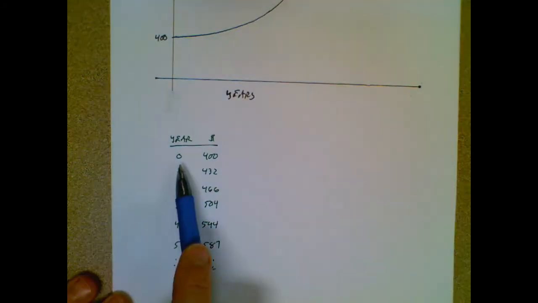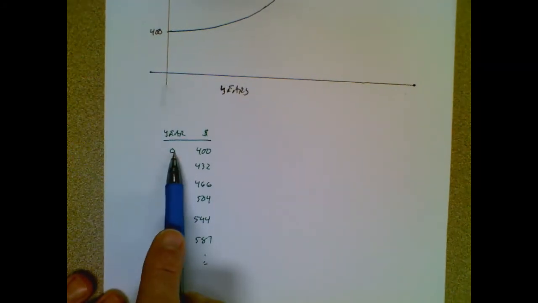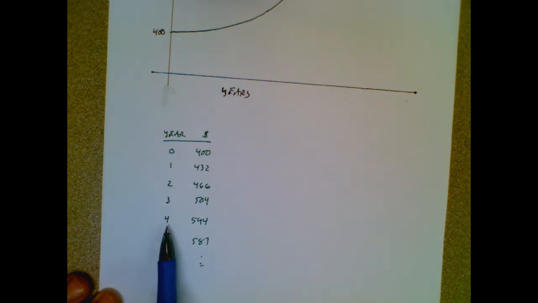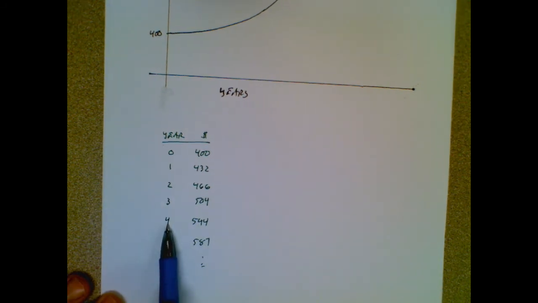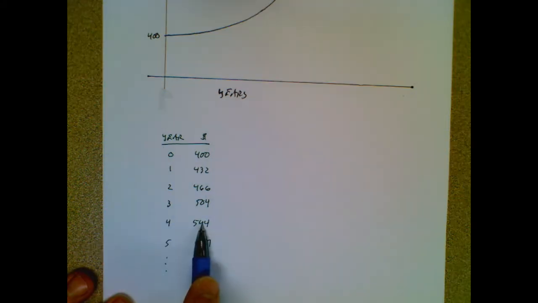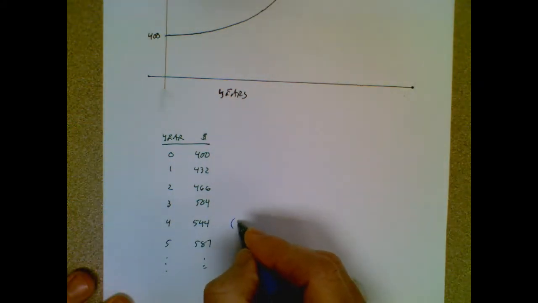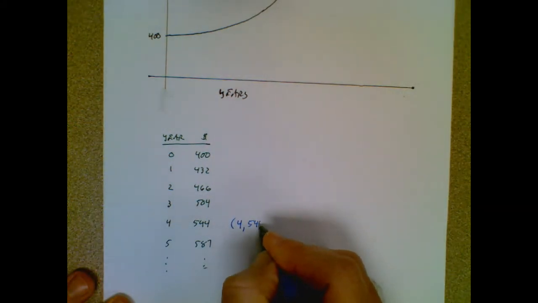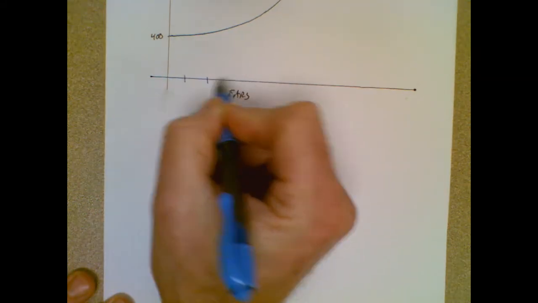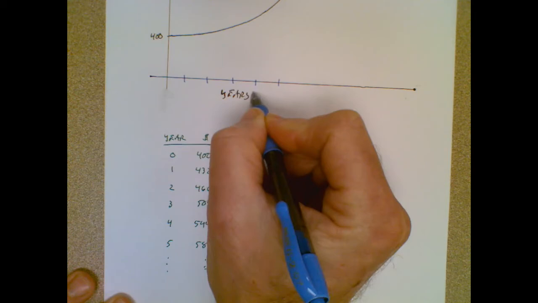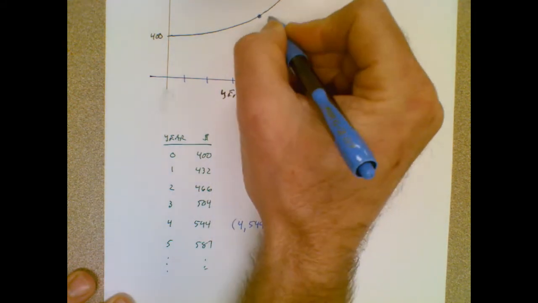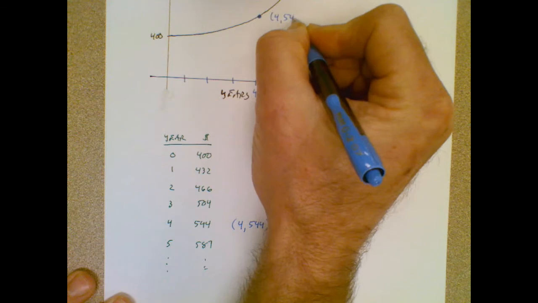And if you wanted to know the exact path, then you would go ahead and fill out a table. You'd plug in a 0 to your equation, get out a 400. You'd plug in any value. So for example, if I plugged in a 4 into my equation, I should get out a value of 544, which I can think of as the ordered pair 4, 544, which would mean at x equals 4, I go up 544 units.